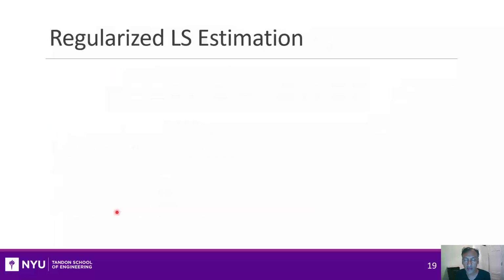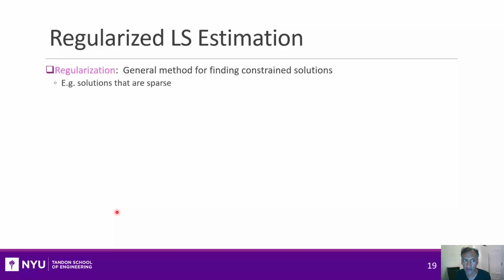The technique behind this is called regularization. So regularization actually applies very generally, and it's a general method for finding solutions with some constraints. For example, if I want to have solutions that are sparse, but we'll look at other types of constraints too.